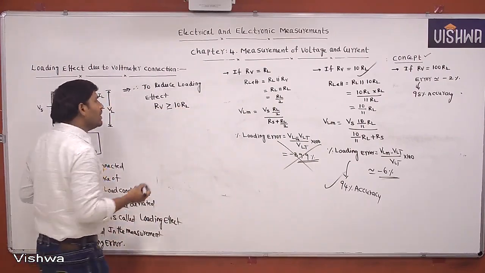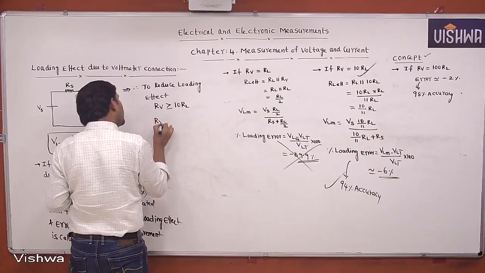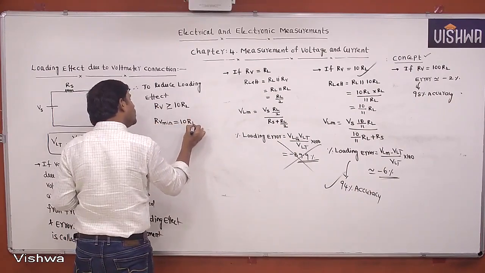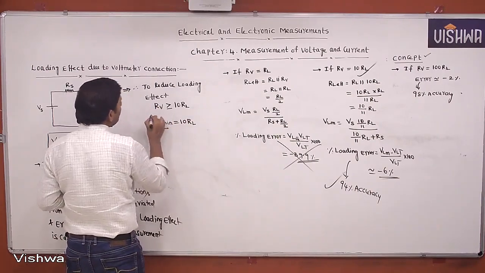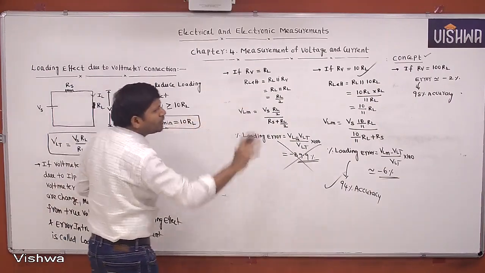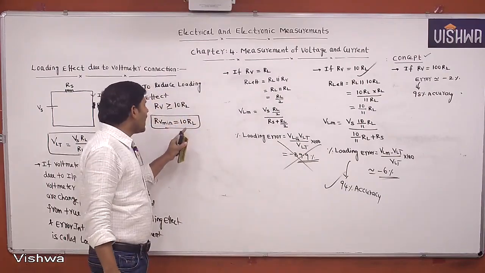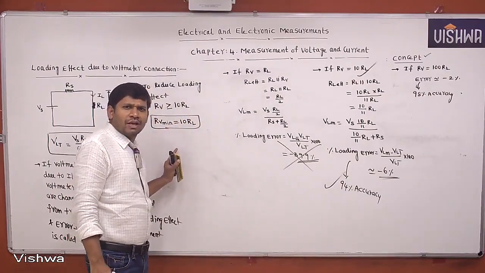Then what is the minimum input resistance of voltmeter you select? Therefore, RV minimum equal to 10 RL you can select. No need to make it 100 RL. But if you select it, no doubt at all, we can get minimum error. But this is enough. Minimum is 10 RL you can select, but below this don't select, above this.